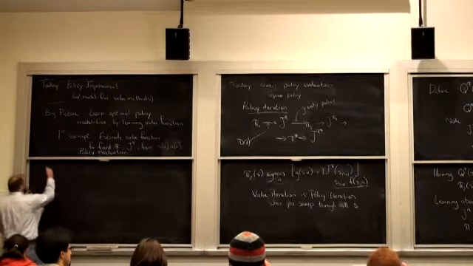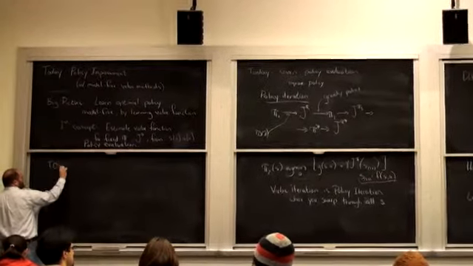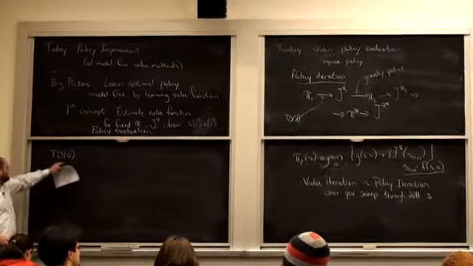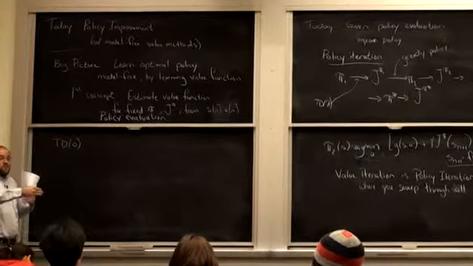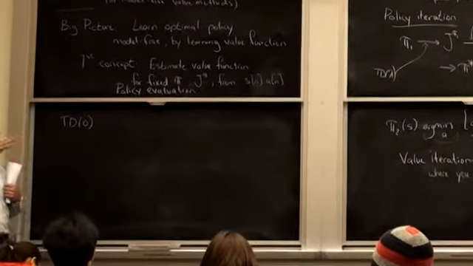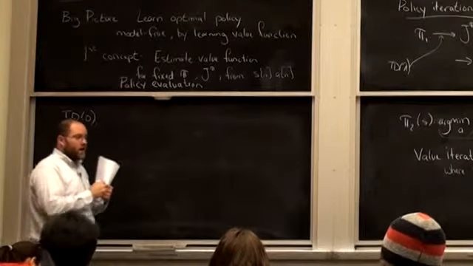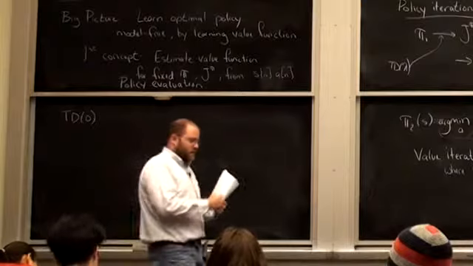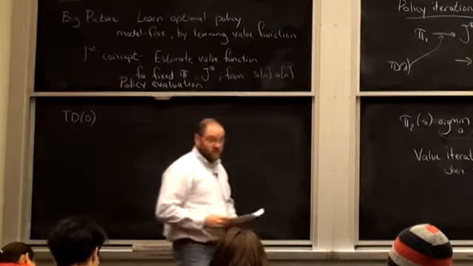Let's do just the simple case first. Remember, TD0 was just bootstrapping. It wasn't carrying around long-term rewards. It was just saying, I'm going to do one step, and I'm going to use my value estimate for the rest of the time as my new update.